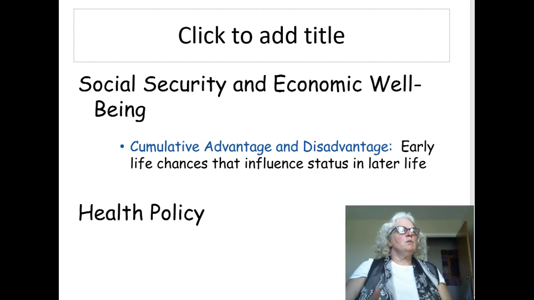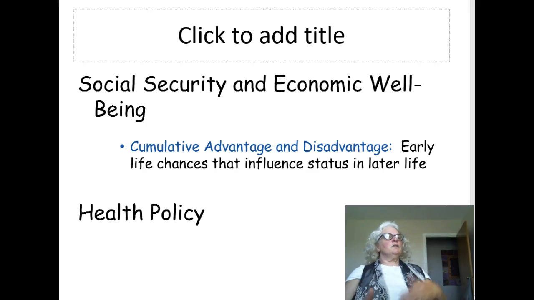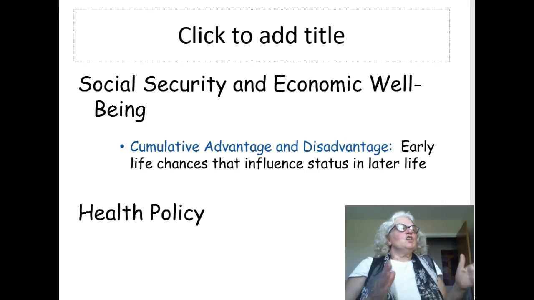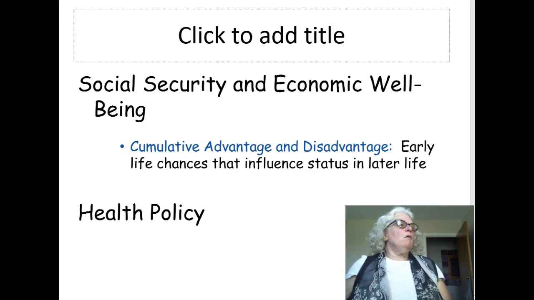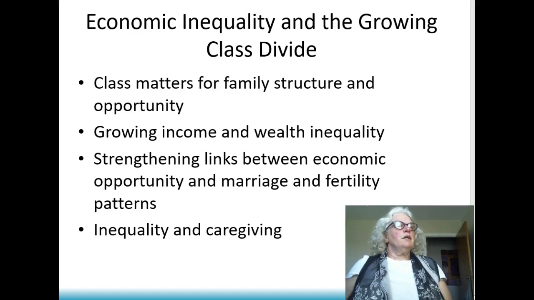So there's an accumulated advantage and disadvantage in life, and we can see it especially in families. So Social Security, security, and economic well-being make a difference, and these health policies are pretty powerful as we come into play. Along with this, we're looking at the economic inequality, and the growing class divide.